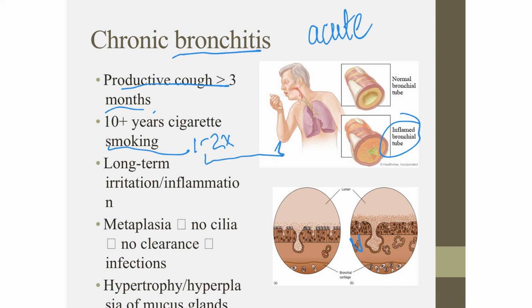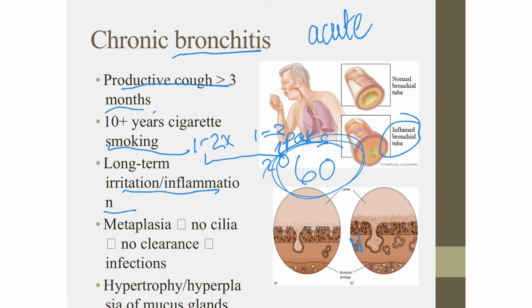Or we see people that smoke a lot, like 1 to 3 packs a day. And that's a lot of cigarettes because a pack is 20. So if you have a patient smoking 3 packs a day, that's 60 cigarettes in a day. That's a lot, right? So we see constant irritation, inflammation of these bronchial areas. And remember, they start to undergo change in this typical pattern.